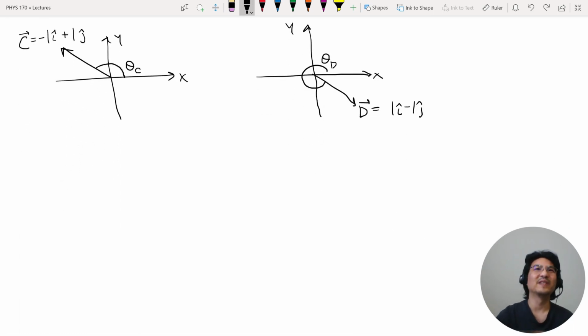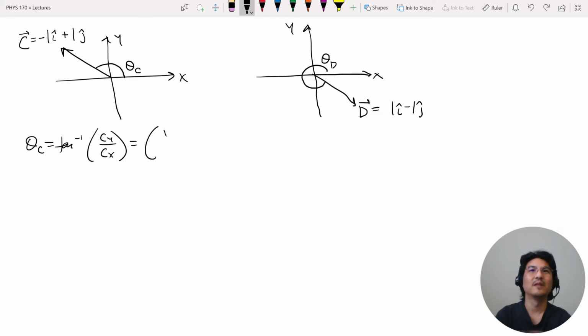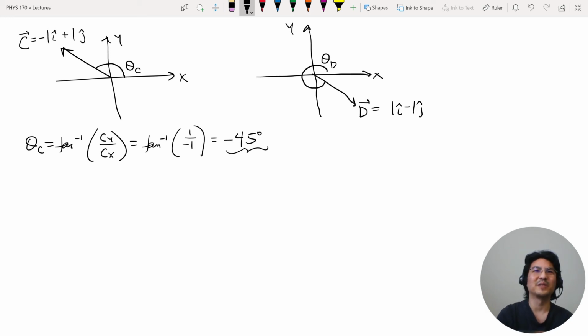Same story here. Say vector c is in quadrant 2, because the x component is negative and the y component is positive. If you plug in the numbers, arctangent of 1 over minus 1, the calculator says probably negative 45 degrees, which is over here in quadrant 4.